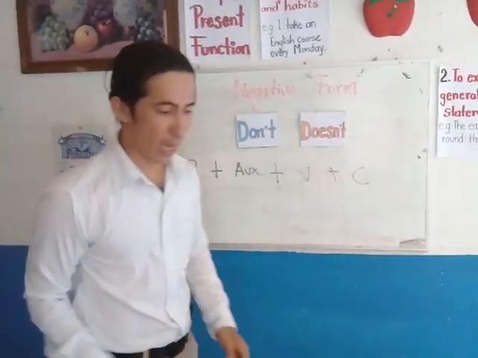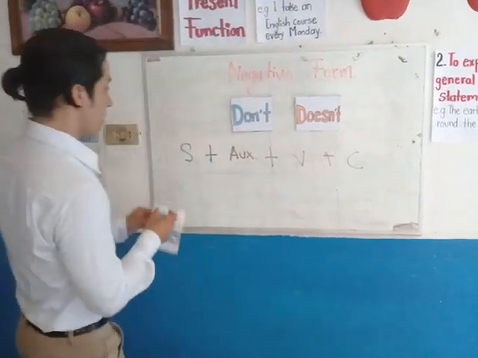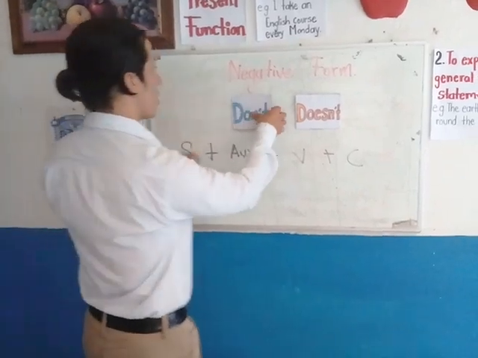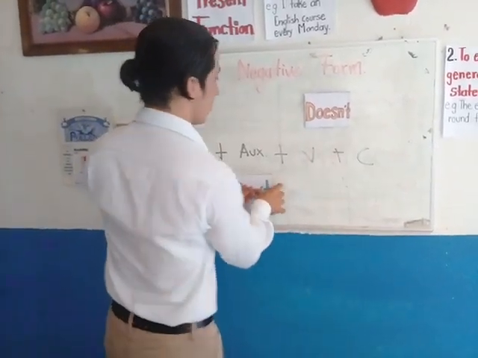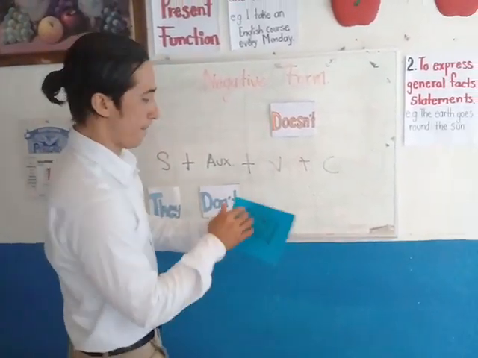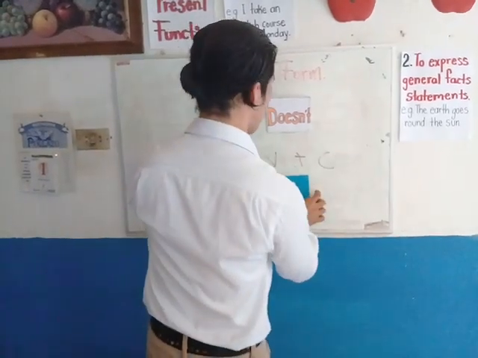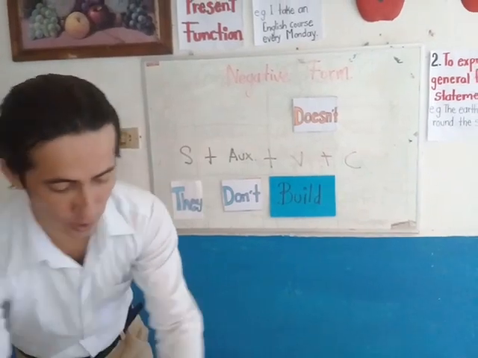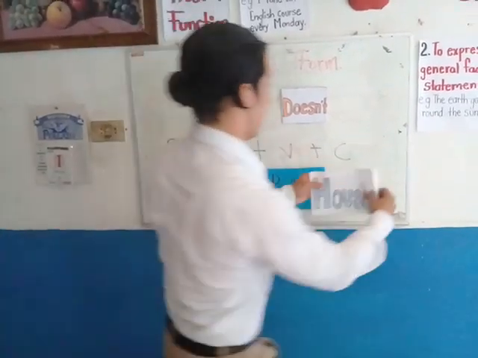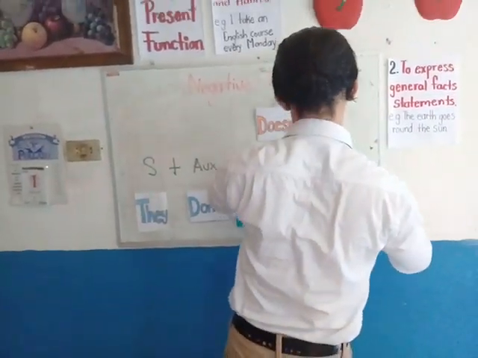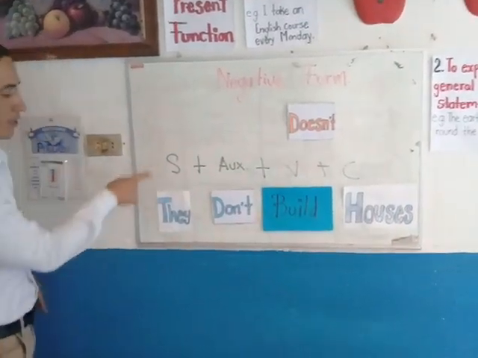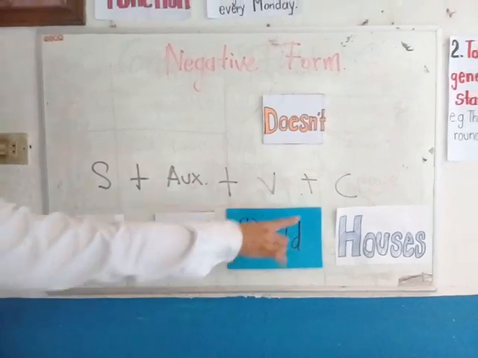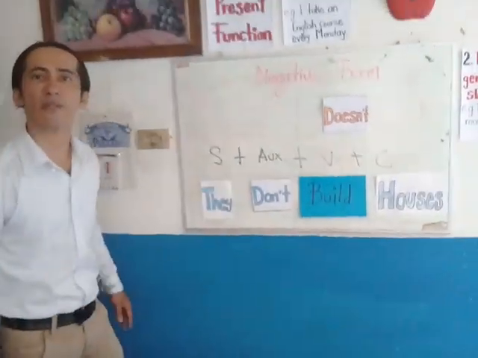For example, they don't build houses. Subject, they; auxiliary, don't; verb, build; and complement, houses. You get it?